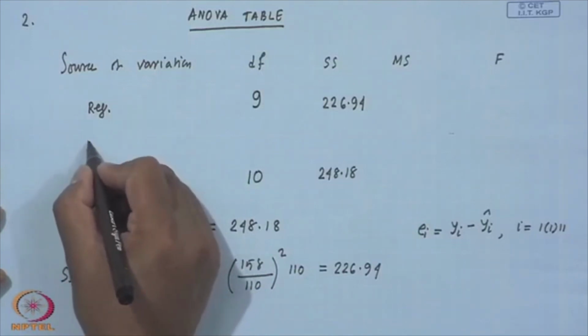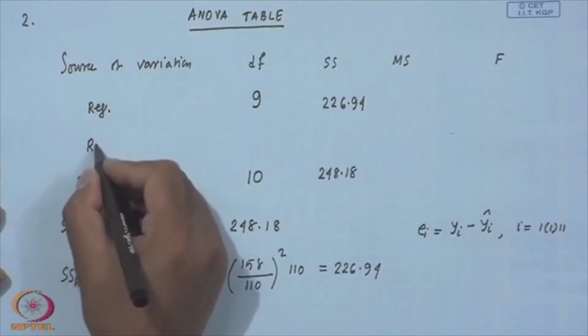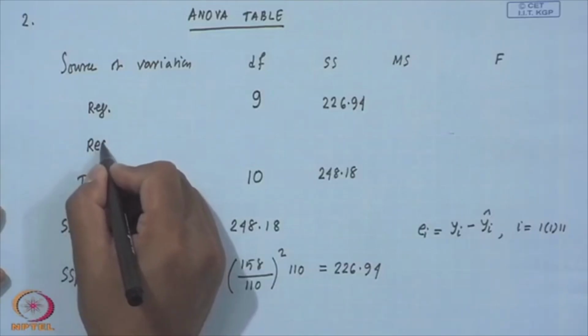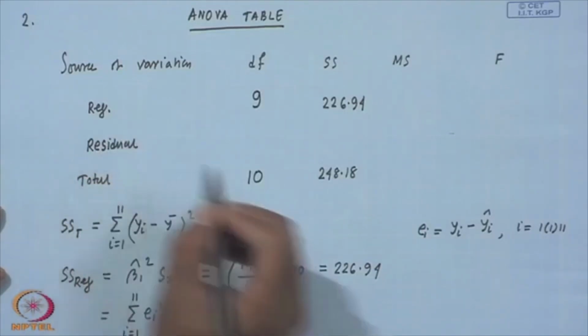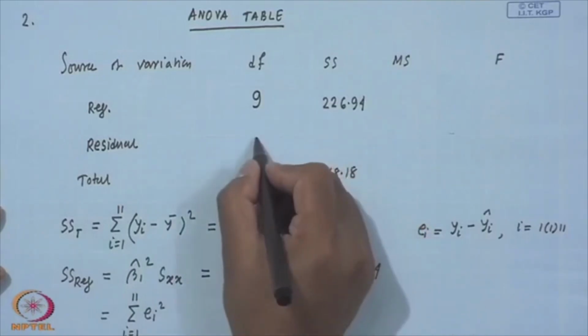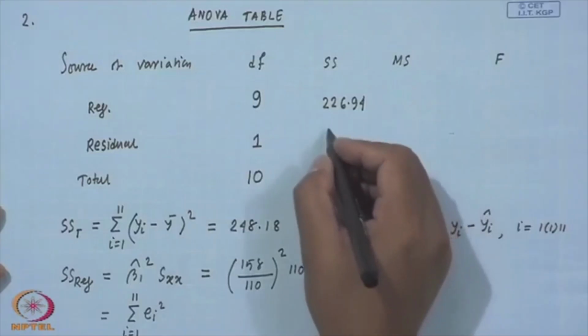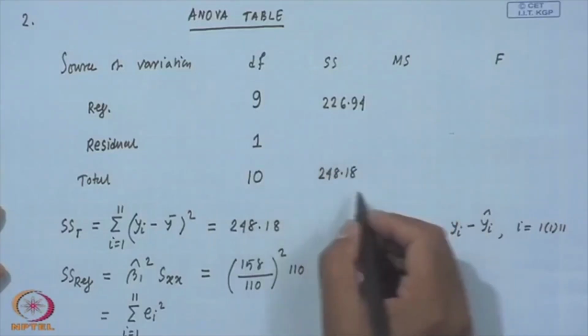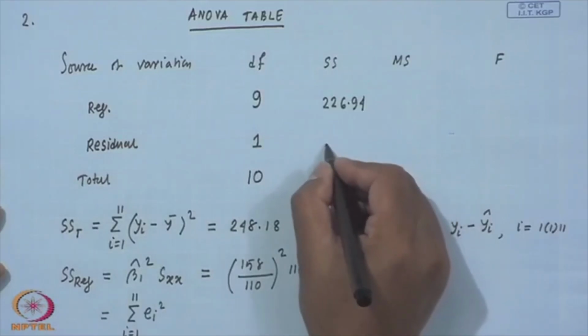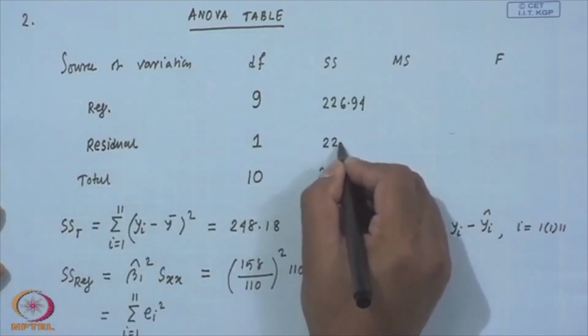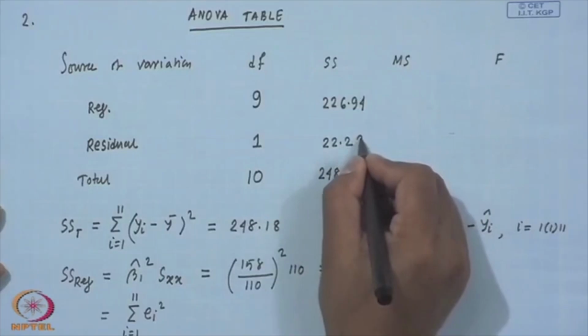and then the remaining part, the part which remains unexplained, the part of variability, that is SS residual, and the SS is obtained by SS total minus SS regression, that is 22.23.